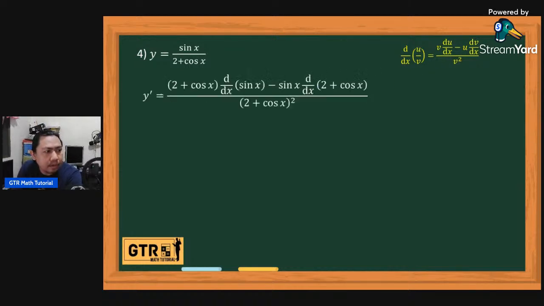So we have y prime equals the denominator 2 plus cosine x times the derivative of sine x, minus the numerator sine x times the derivative of the denominator 2 plus cosine x, all over the denominator 2 plus cosine x squared. So we're going to use the derivative of sine x and the derivative of cosine x. The derivative of cosine u is negative sine u, and the derivative of sine u is cosine u, then du over dx.